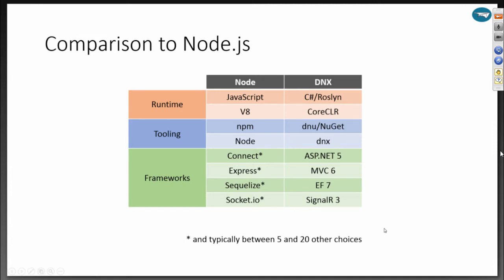So the DNX system is still very young, so we don't have tons of packages that maybe compete with, say, MVC. There is Nancy, which is definitely still very popular and continuing their support into this world. But things like SignalR and Entity Framework, those are all coming from Microsoft. In the Node world, they don't quite rely upon any one vendor. And in fact, they very much like the diversification.